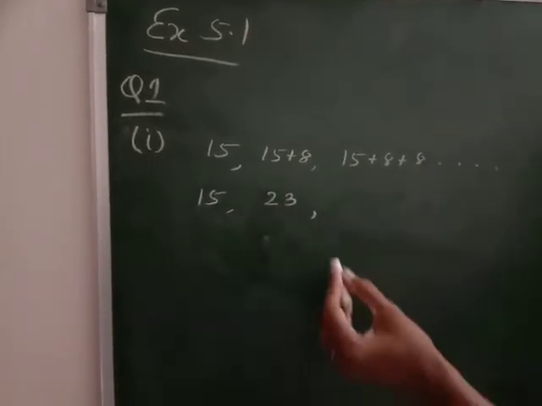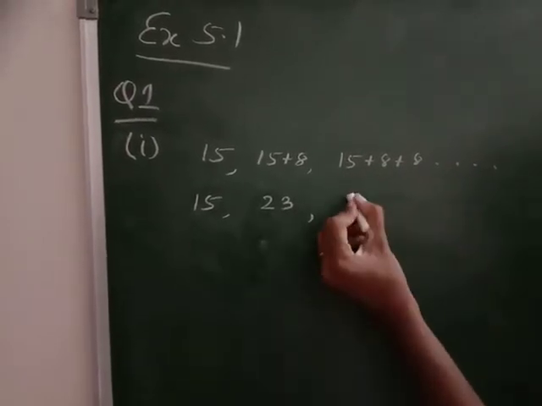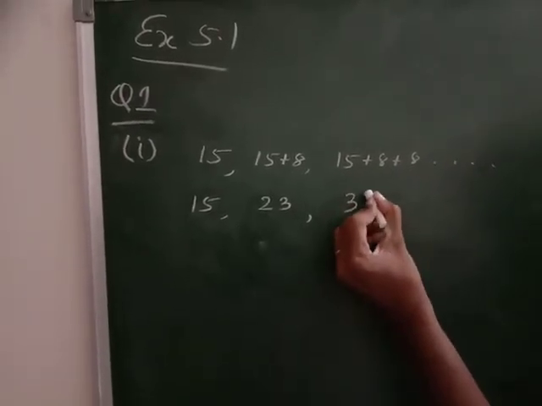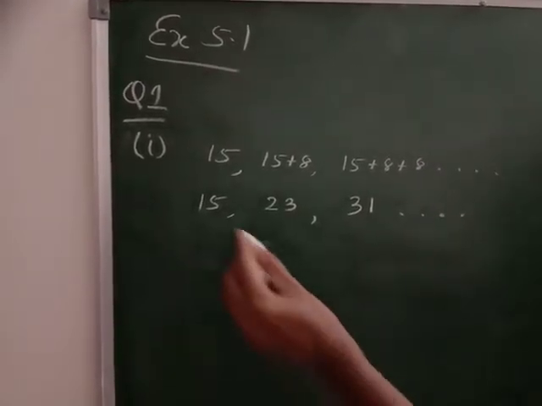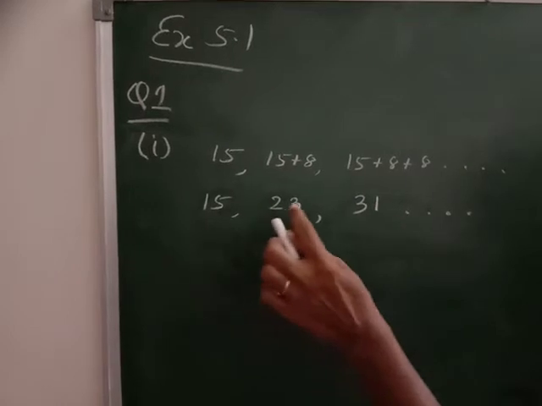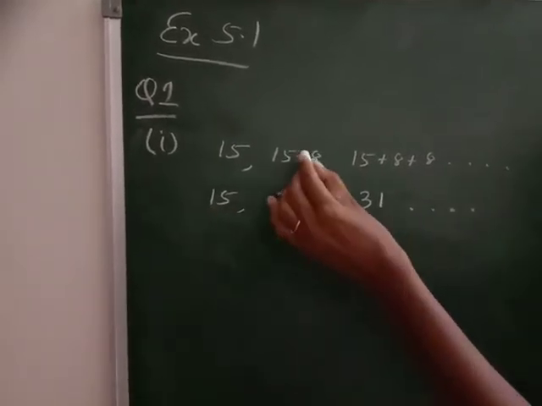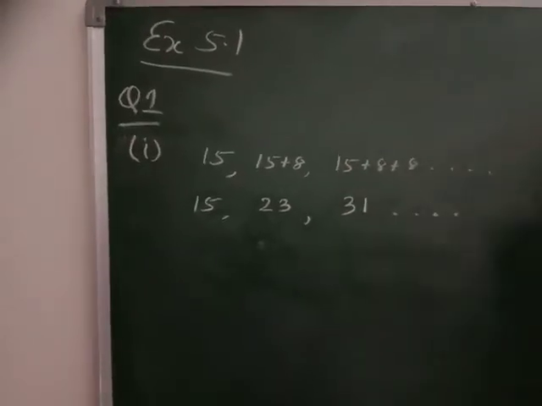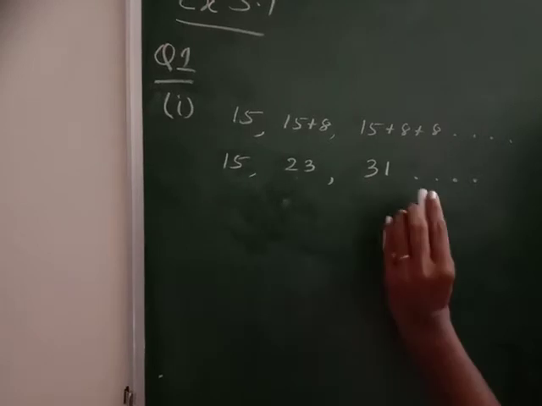Now 23 plus 8 again, that means 16 plus this, so it will be 31 and so on. I will keep adding 8 each time. Always find first 3 terms in such types of questions.